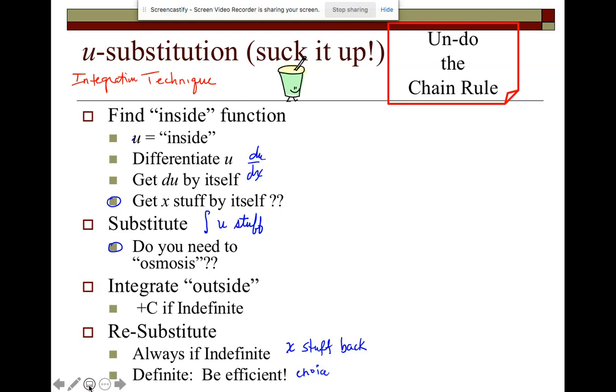Okay? Your goal is to take an integral in terms of x and get it all in terms of u. Do the integration using either the power up rule, divide by the power up, or the trig rules I gave you. Those are your only two options right now.